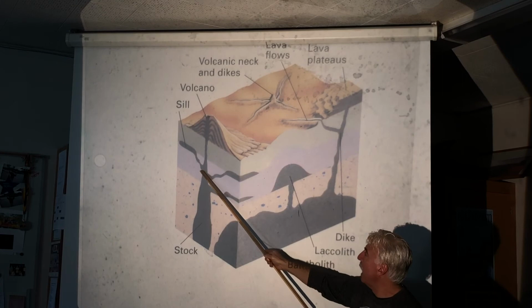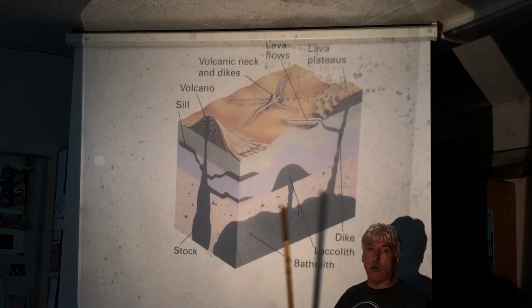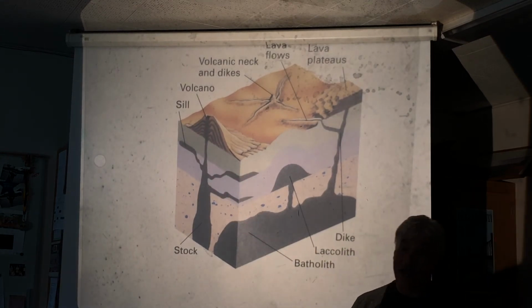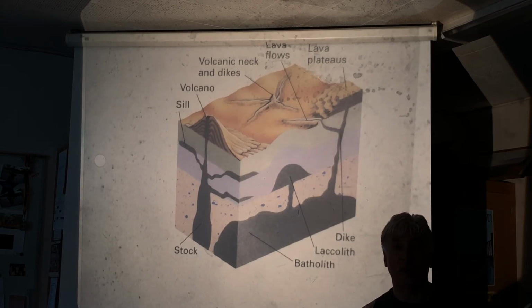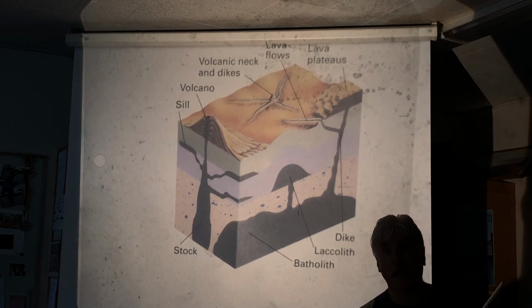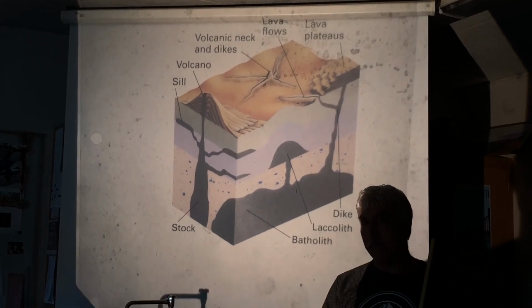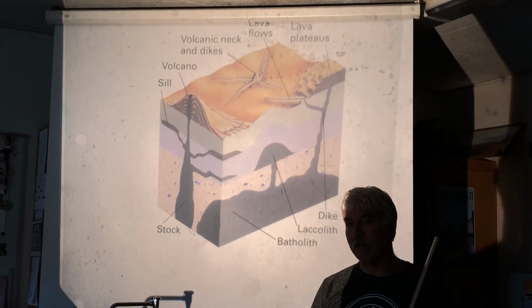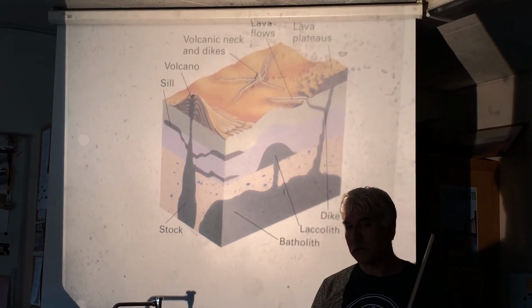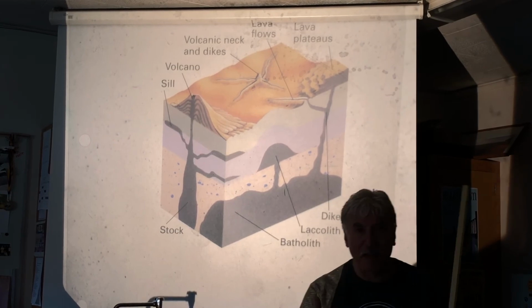And if it layers out like the underneath of a window, it's called a sill. In New York City, they have one of the most famous exposures of that along the Palisades Parkway. It is called the Palisades Sill Formation. Since the magma got trapped in the ground, what kind of crystals do you think it would have? Large or small? It would have large because it got trapped in the ground.